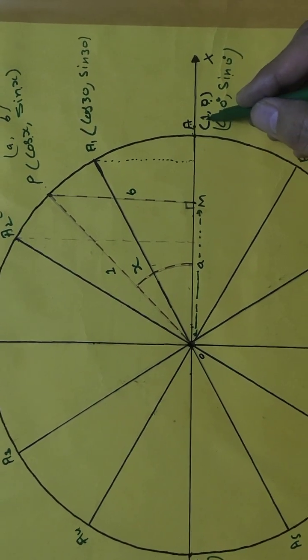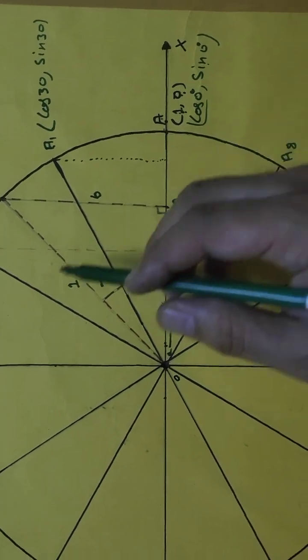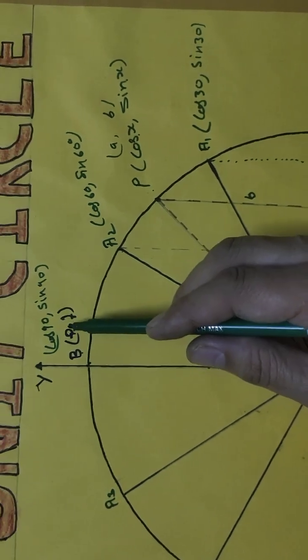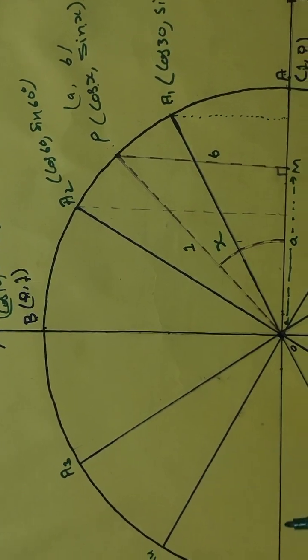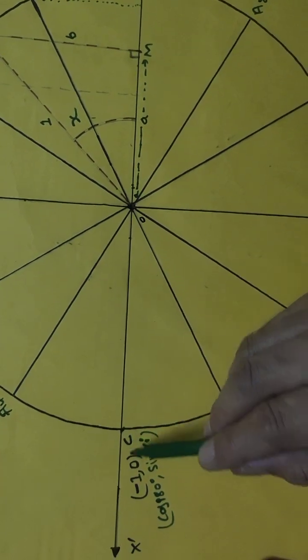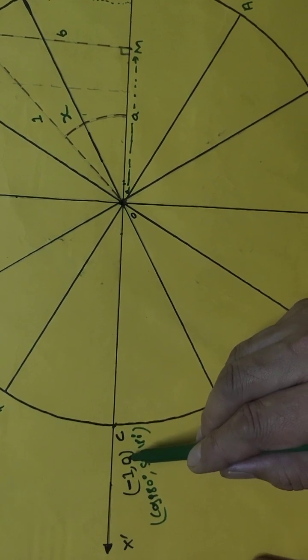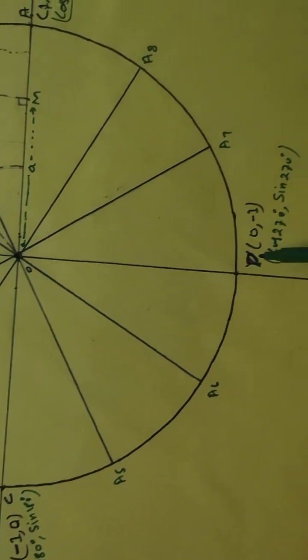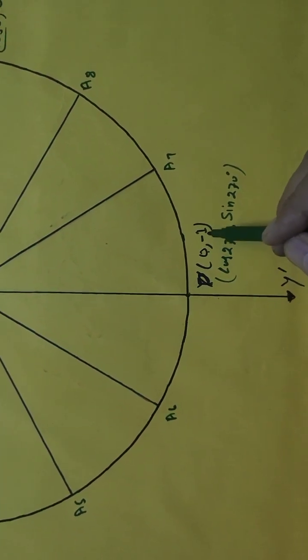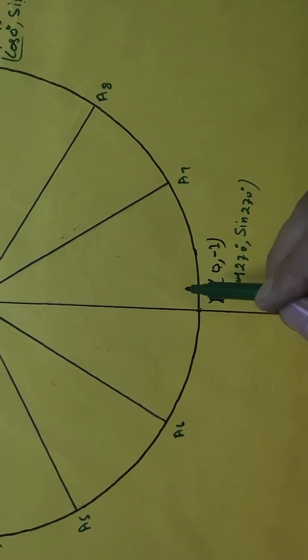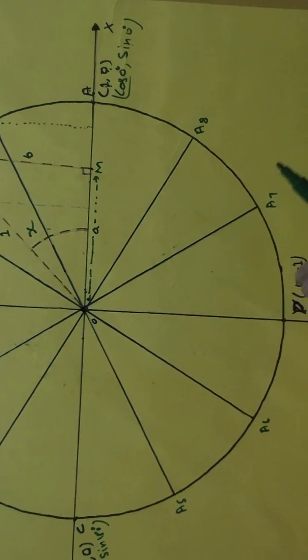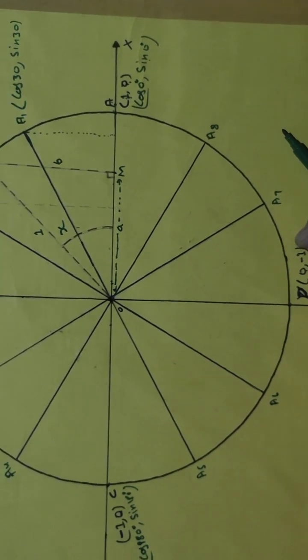So coordinate of A are 1 comma 0. Coordinate of B in the same way is 0 comma 1 because this lies on y axis. And coordinate of point C is minus 1 comma 0 and coordinate of point D is 0 comma minus 1. These points you know with the help of coordinate geometry.